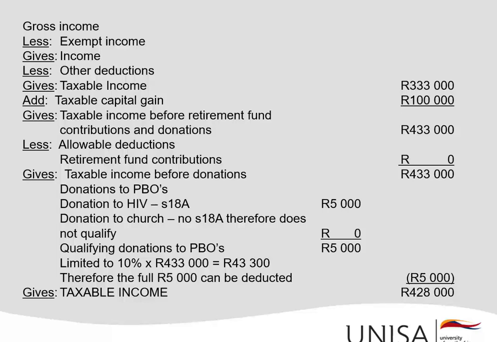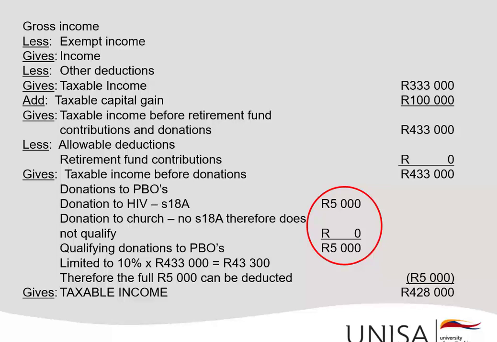Okay, what you need to take from this is it's important that your first step is to calculate the qualifying donations before you can apply the limitation, and to show each of the donations that the taxpayer has made, whether they will be taken into account or not.